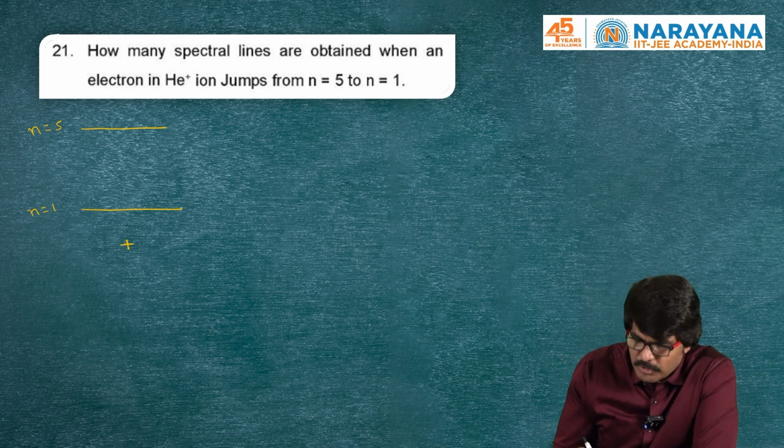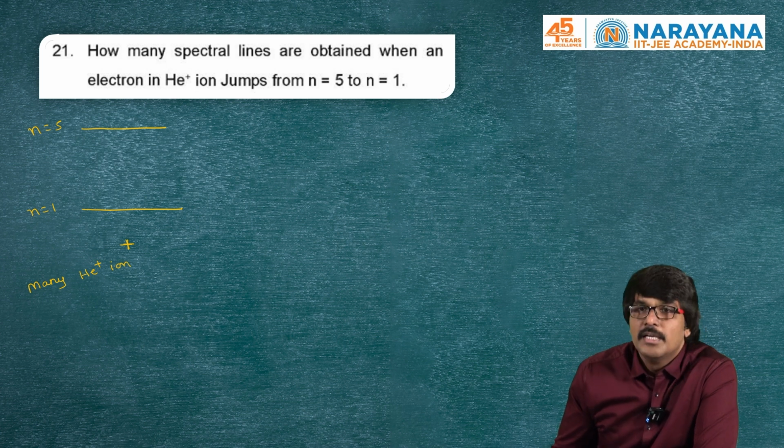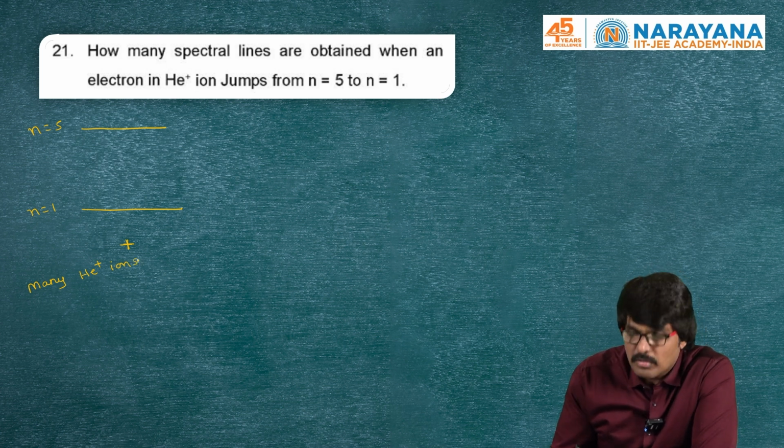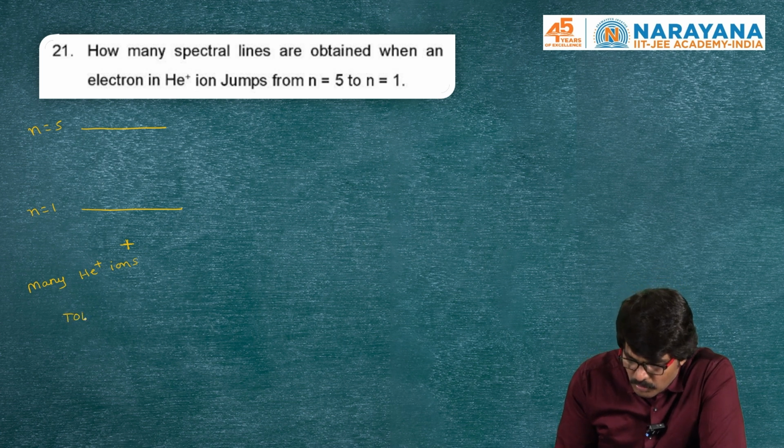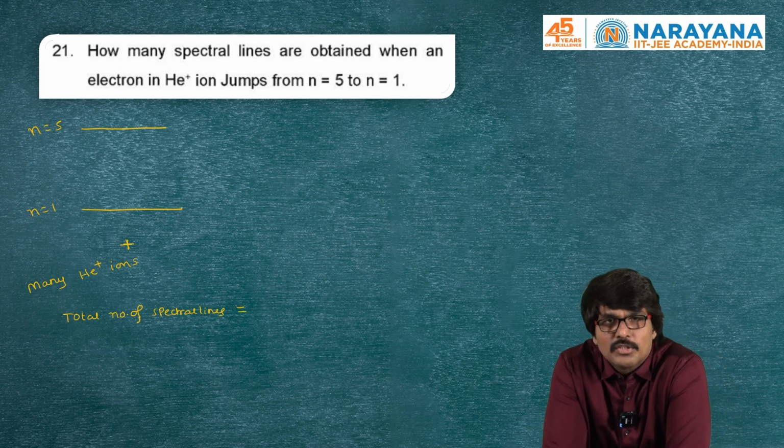In the first situation, I'm considering many helium ions are present. In this situation, you can solve the question by using the generalized formula for the total number of spectral lines possible when many ions are present in the de-excitation process.